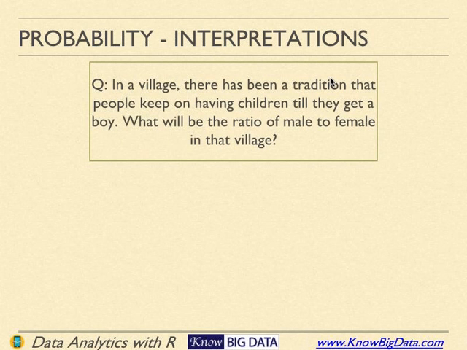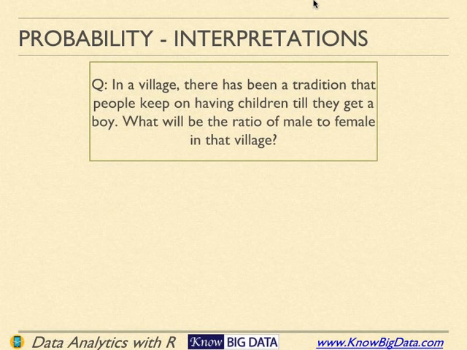The question to all of you is that there is a village and there has been a tradition there that people keep on producing children till they get a boy. If they get a girl, they try for another kid. And if they get a girl again, they try for another kid. If they get a boy, they stop. Now imagine that this tradition has been going in that village for maybe 10,000 years.